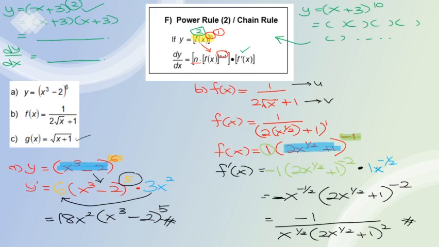Dan dalam salin plus 1. Negative 1 tolak 1, negative 2. And then times dot.